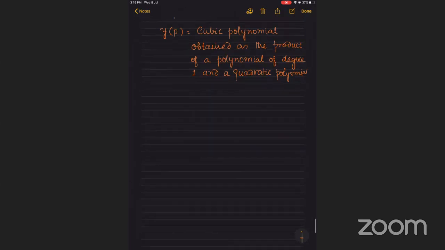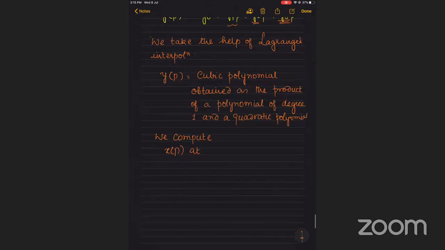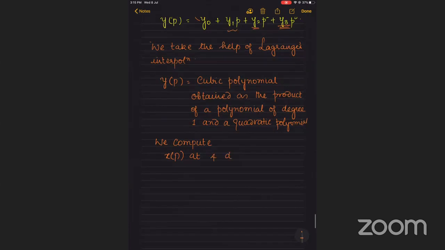Now what we do is we compute x of p at 4 distinct p values. You choose any 4 p values which are distinct and compute x of p at 4 distinct points. Is this clear?